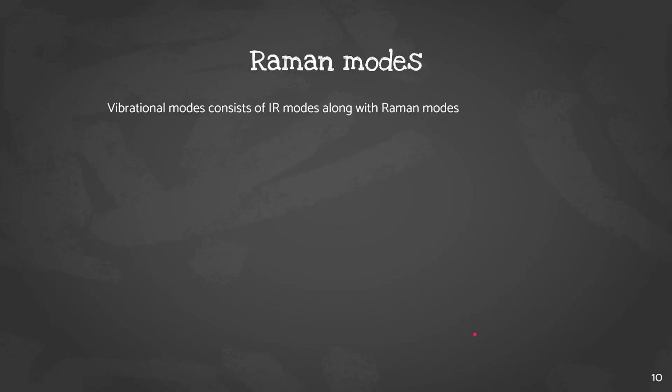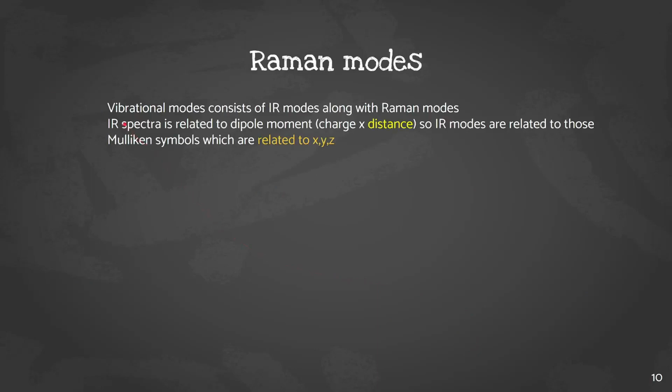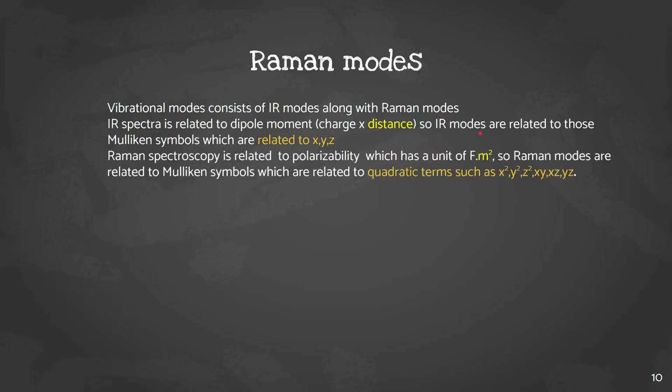The vibrational modes have two contributions, one from IR modes and one from Raman modes. IR modes can be designated via their relation to the dipole moment, and the dipole moment is related to distance, so all the Cartesian coordinates represent the IR modes. Similarly, Raman spectroscopy is related to polarizability, which has units of farad times meter squared.